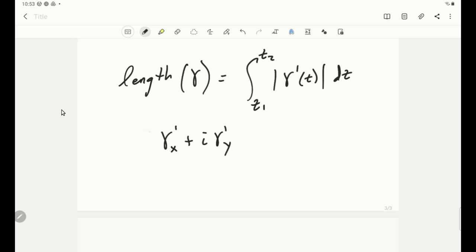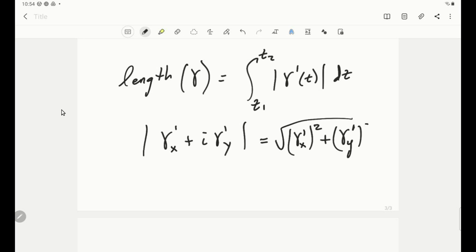If I want the magnitude of that, by definition, that's equal to the square root of gamma x prime squared plus gamma y prime squared.